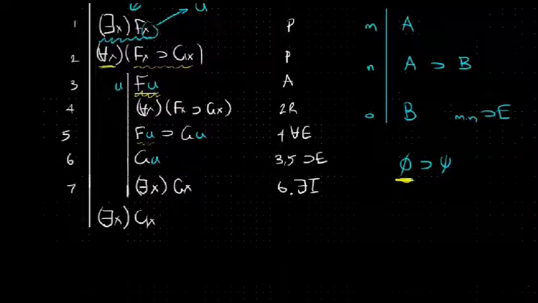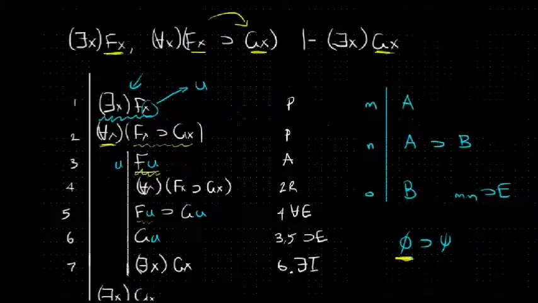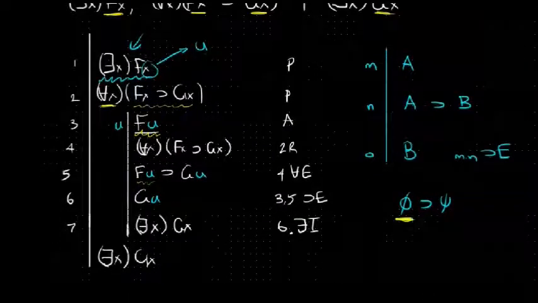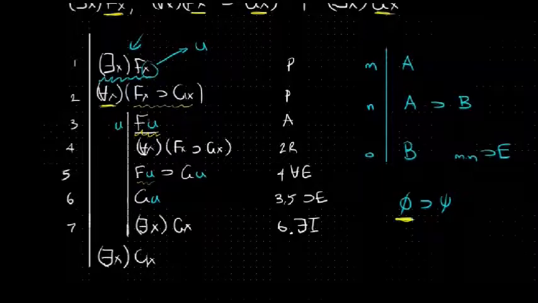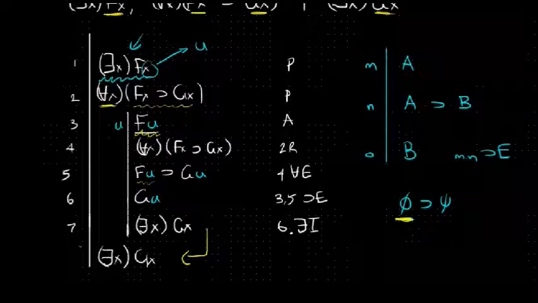Okay, so if we've got a scope bar that begins with an assumption that has been derived from some existential formula by removing the existential quantifier and replacing all of the variables that it bound with a particular parameter, if we show that that assumption, where we've made that move, leads to some formula that doesn't contain that parameter, remember the parameter can only be on this side of the scope bar, so we need to remove all the parameters, then we can just straightforwardly do kind of like a carriage return and just move it down and left onto our main scope bar.